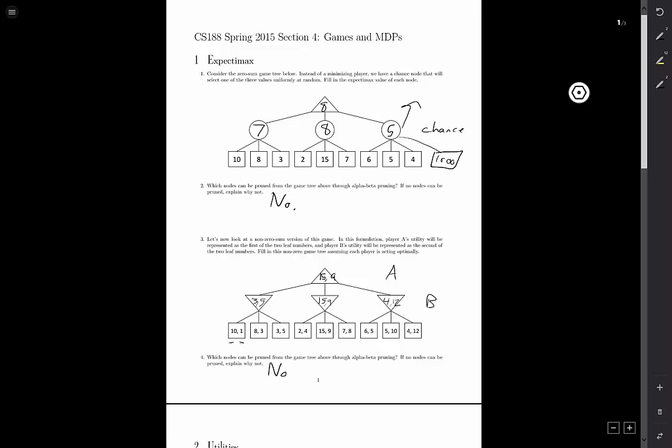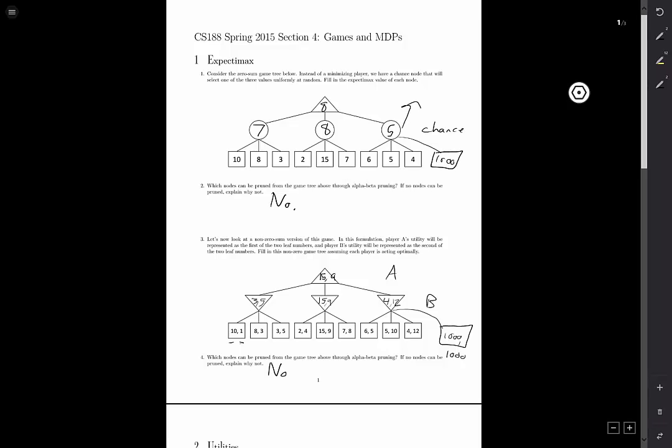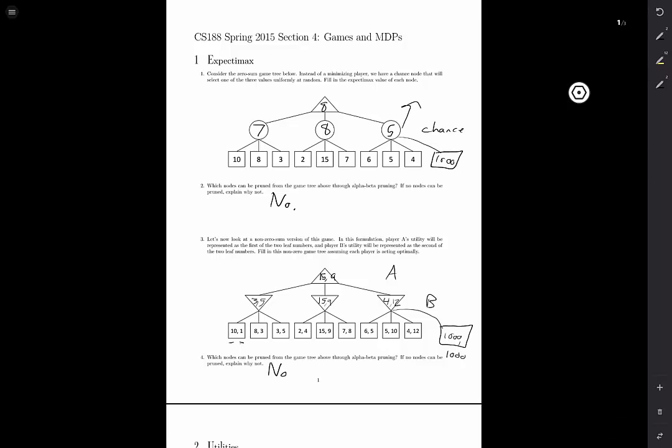But since they have separate utilities, it's non-zero-sum, there could exist something that's good for both of them. So maybe over here, there could exist something like 1000, 1000. It's great for both players, so they would both do it. Because this is non-zero-sum, we don't have any knowledge about whether this will happen or not, so we can't ignore any of the nodes. We have to expand them all, so we can't do any pruning.